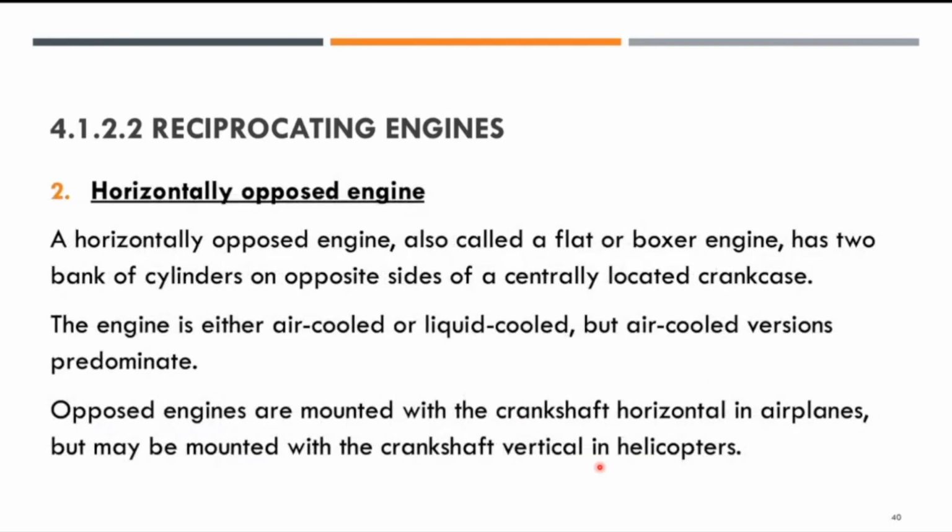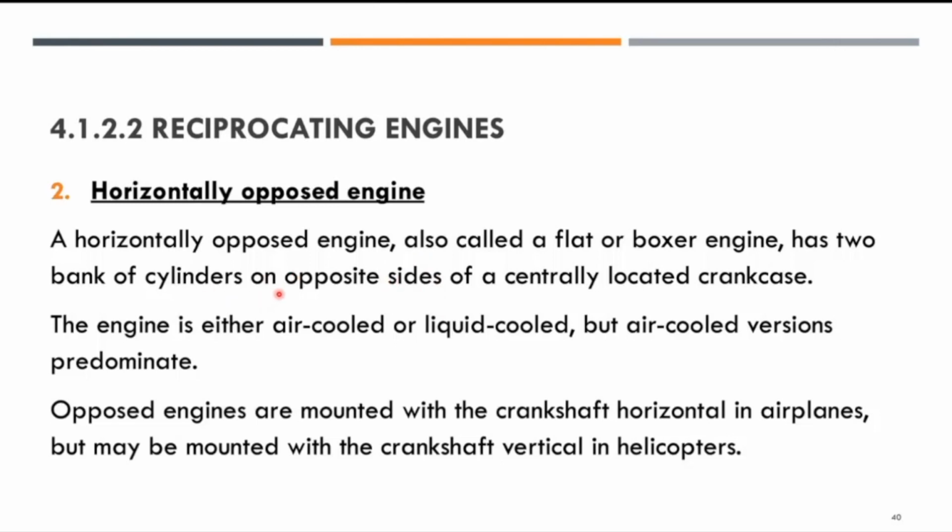The next one is the horizontally opposed engine. For the reciprocating engine type, a horizontally opposed engine is also called a flat or boxer engine. You may want to Google that and see how it looks like.